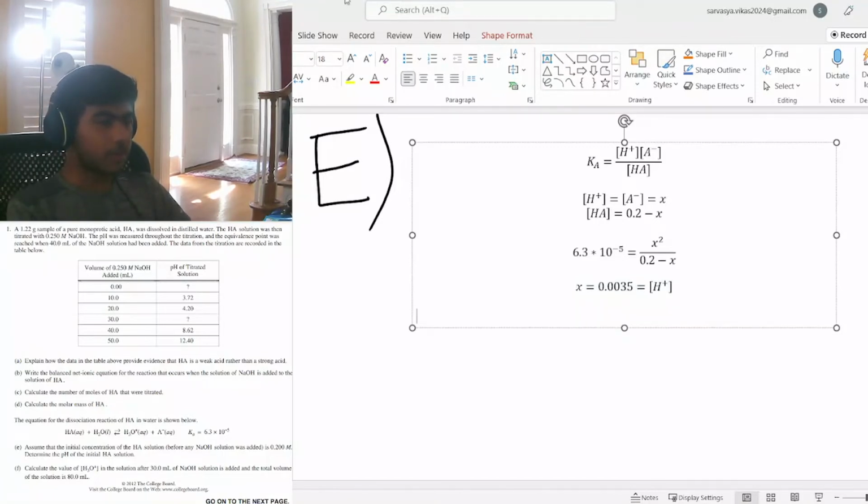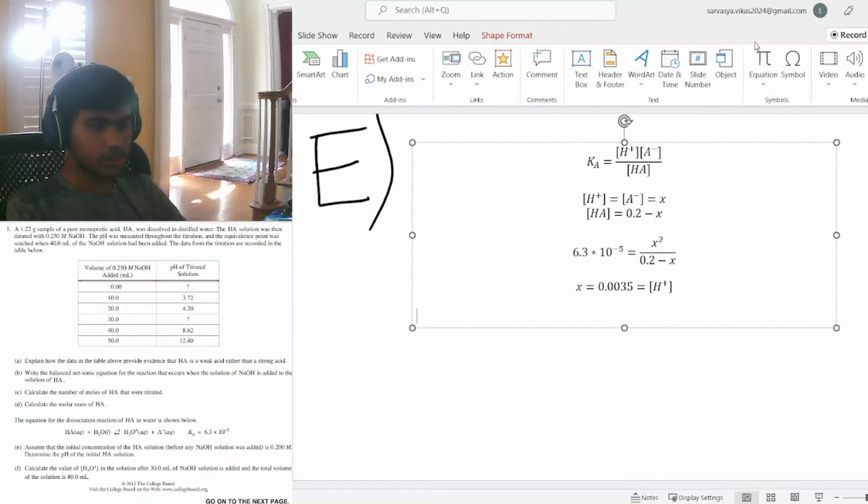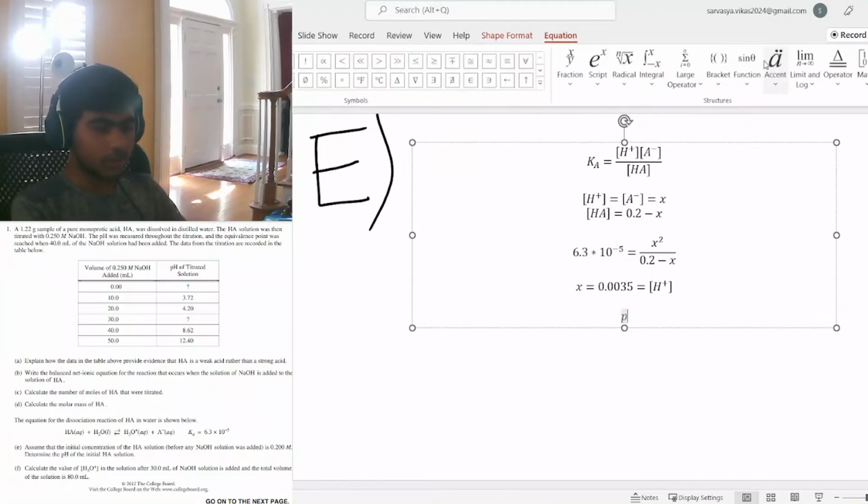Well, if you remember, pH is just the negative log of H plus, the negative log of 0.0035.